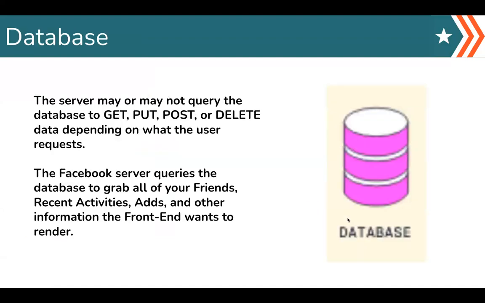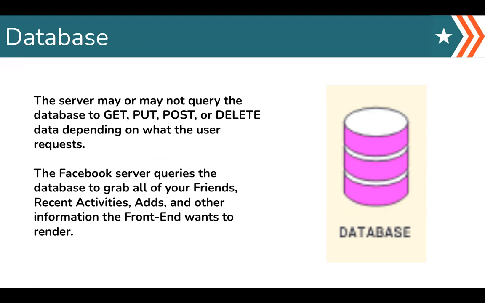So finally, the server may or may not query the database to run one of the following operations. It will either get some information, it will put, which is the equivalent of updating some information in the database, it will post, which means create information in the database, or delete information out of the database.